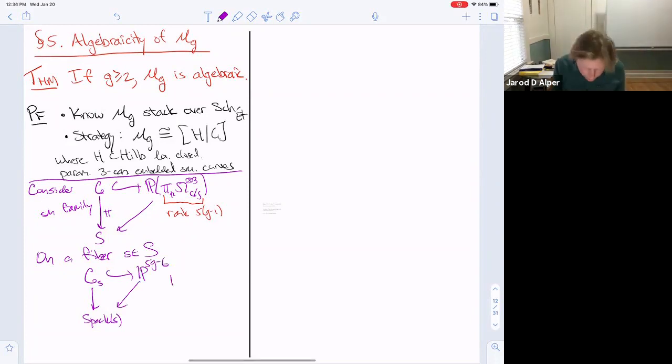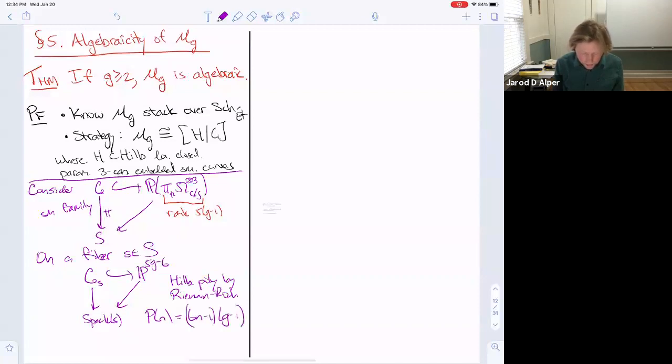And moreover, the Hilbert polynomial you can compute just by Riemann-Roch is P of n equals 6n minus 1 times g minus 1.